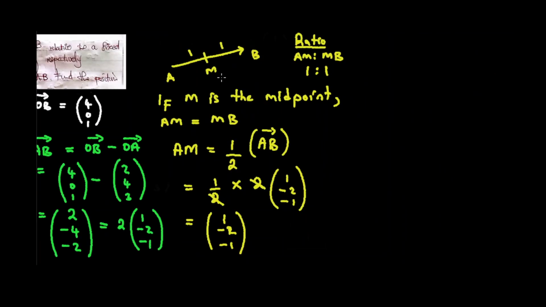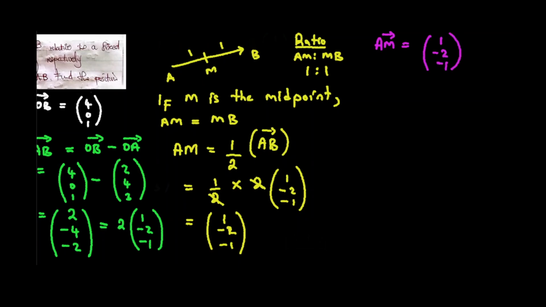Okay. We see that that is our answer. Let me change my color here. We want OM, but we have calculated AM. So we see that AM is equal to (1, minus 2, minus 1).